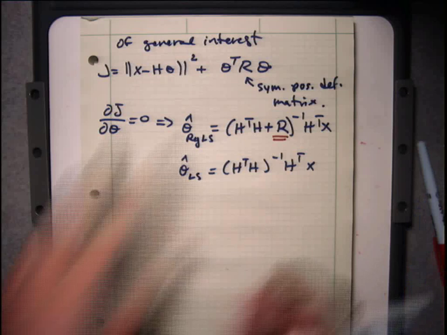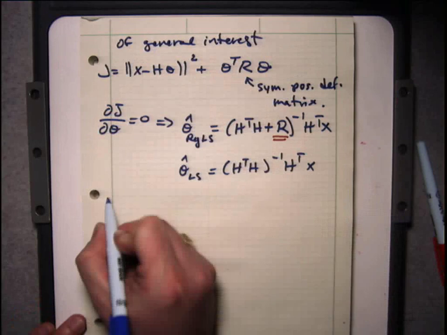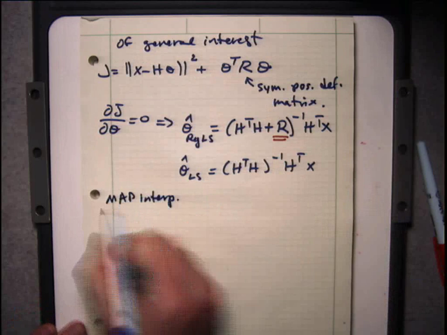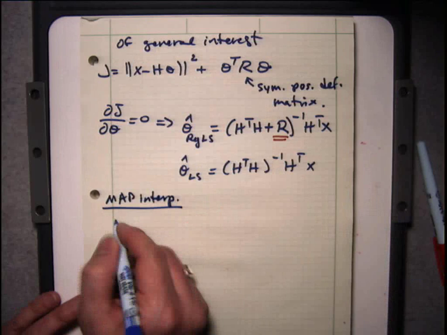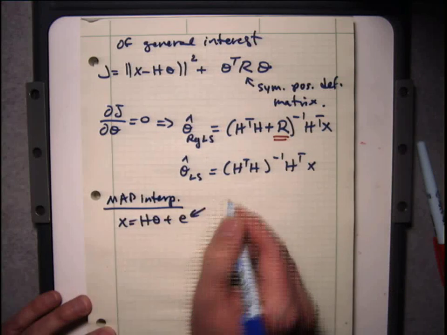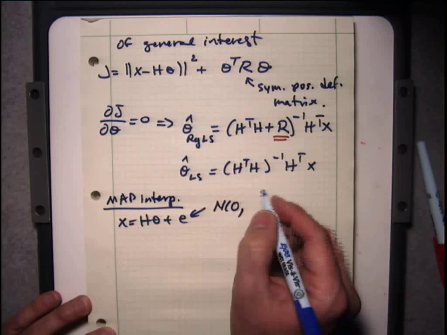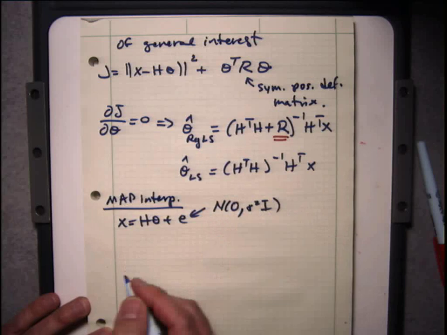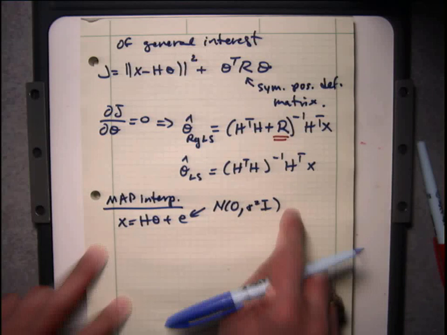All right, what's another way to think about this? Another way to think about this, a maximum a posteriori interpretation, would be if your data is Gaussian. So if you have x equals h theta plus error, and this error is normal, zero mean, and let's say covariance sigma squared times identity, then if you write this distribution down, what do you have?